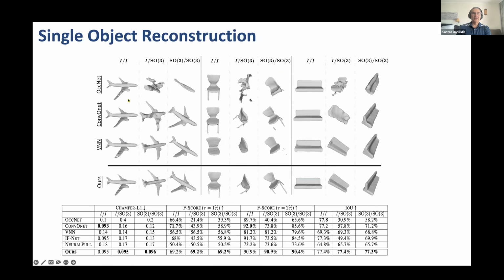So these are results on single object reconstruction, and we present the classic equivariance test where we train only on the basic orientation of ShapeNet, on upright objects. Here we train only on upright objects and test on the whole SO3 transformations, and here we train and test both on SO3.